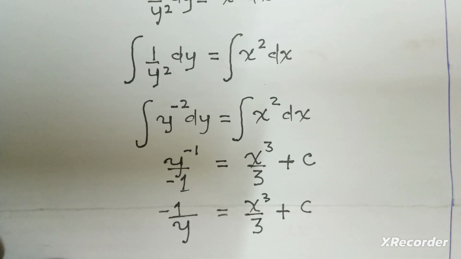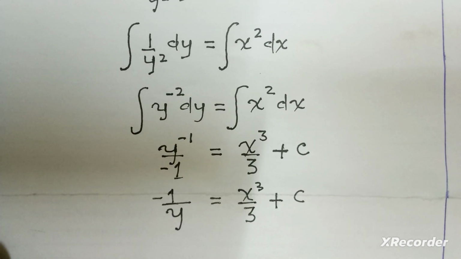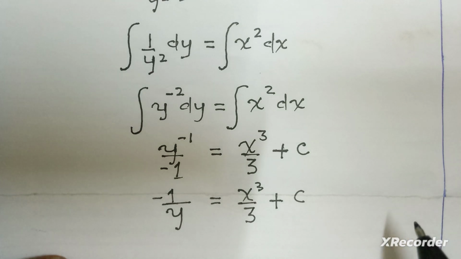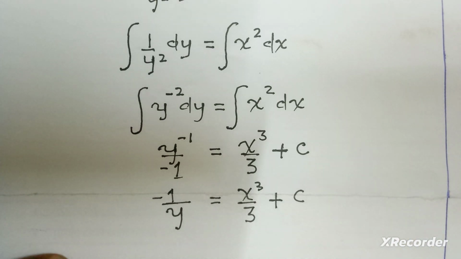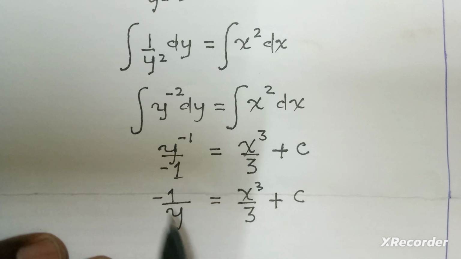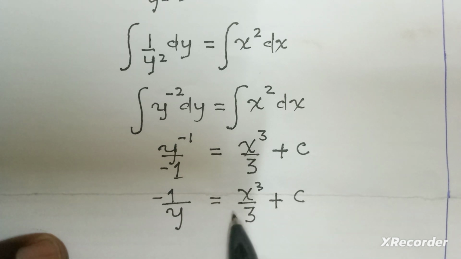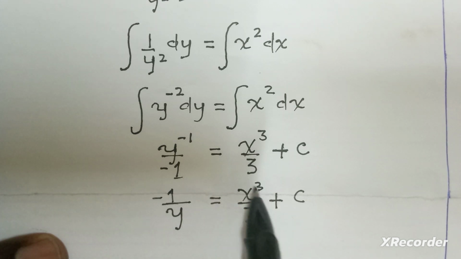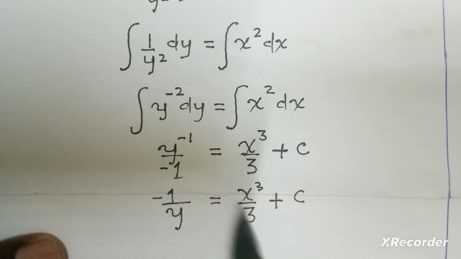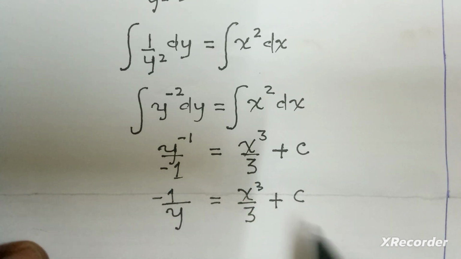So we can now multiply both sides by negative, or we can even leave it like that guys. If we multiply both sides by negative and then bring this x cubed over 3 to this side, we shall have something like this guys.